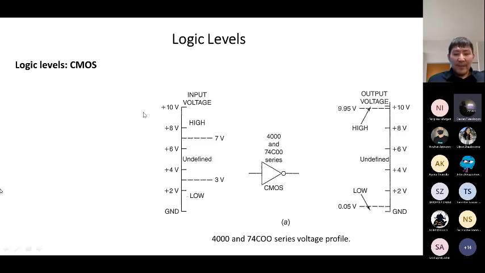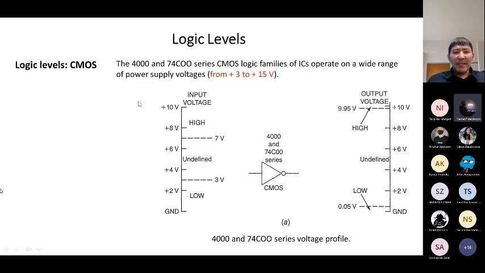I forgot to mention that it depends. CMOS can work from 3 to 15 volts. For example, here we have some inverters that work at 10 volts. In this case, low can be from 0 to 3 volt on the input, and high can be from 7 to 10 volts.